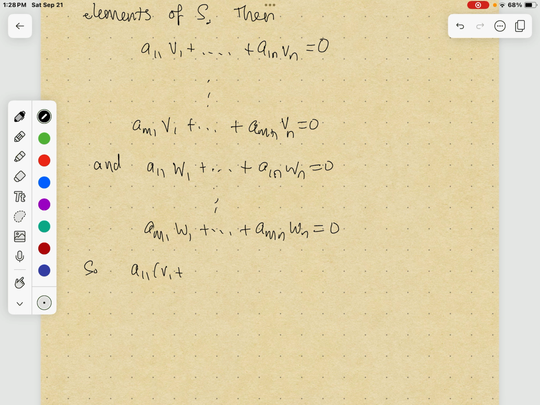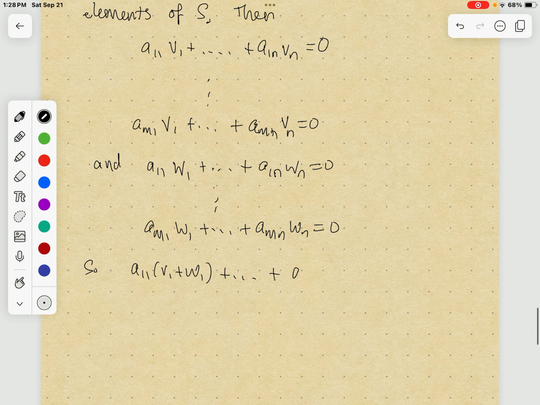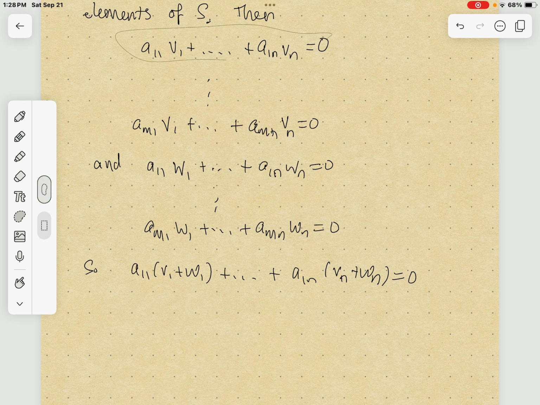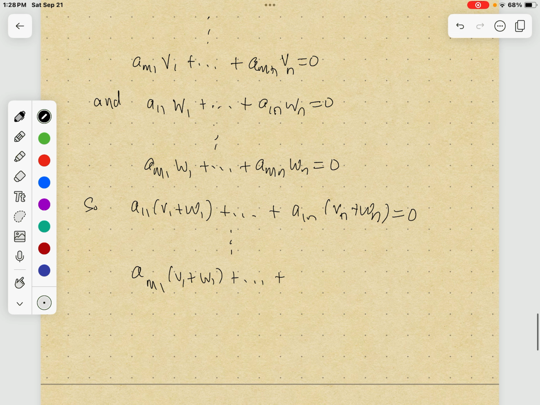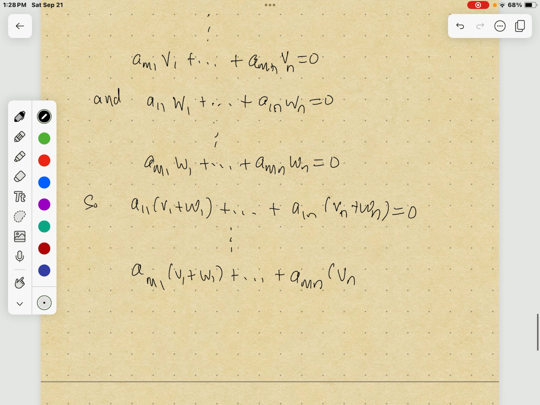a11 (v1 plus w1) plus dot dot dot plus a1n (vn plus wn) is 0. Right? This is just obtained by taking the first equations of these systems and adding them. And similarly, we just do the same thing for all the other equations and get dot dot dot am1 (v1 plus w1) plus dot dot dot plus amn (vn plus wn) is 0.